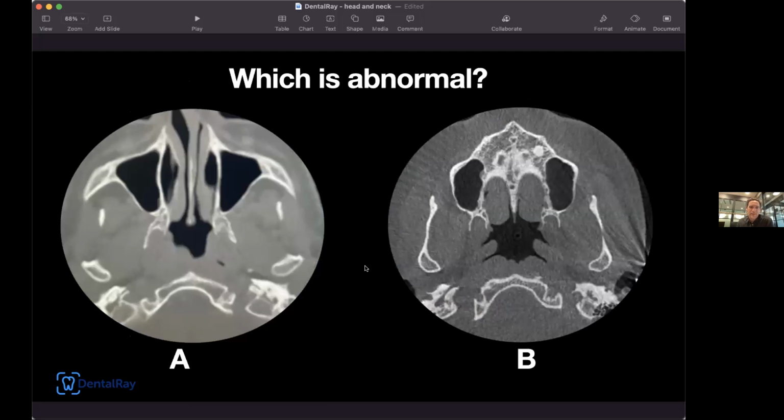Okay, let's try this one. I think we've got an A and a B on here. So let's go with, can we write in for A or B, Caleb? We can't write in for A or B. Well, I guess we can. Okay, we can have you chat in. So chat in either A or B. You know, looks like chat might not be working right now for whatever reason.